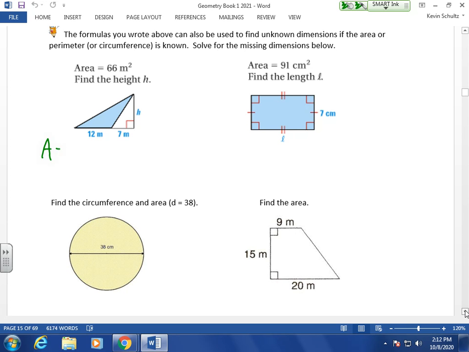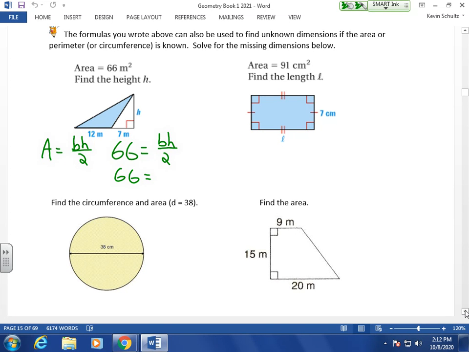So we got the area equals base times height divided by 2, and we know that the area equals 66. What else can we fill in here? What other information do we know? Noah? The base, which is what? 19, right? Wait, no, that's the other part. Is that other part outside of the triangle?